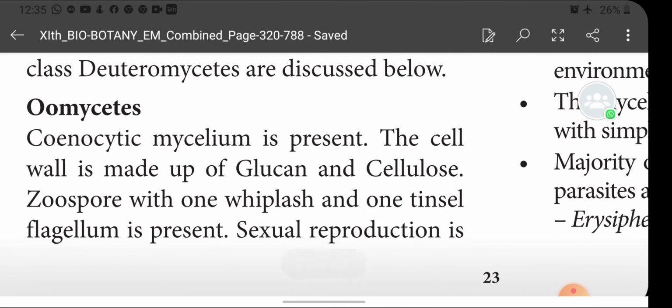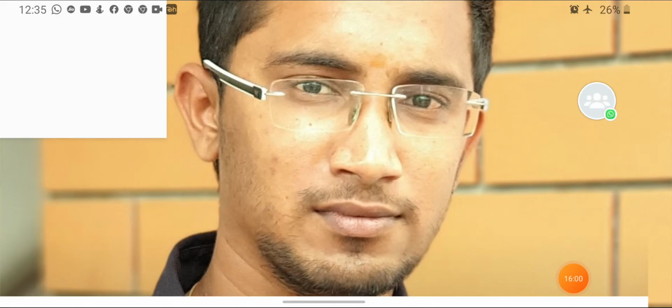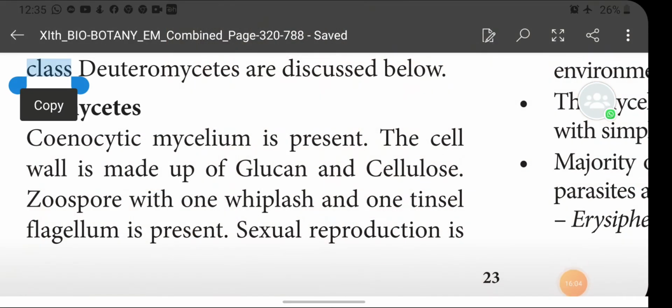Oomycetes: coenocytic mycelium is present. Mycelium, you know very well, is formed when hyphae are interwoven. The cell wall is made up of glucan and cellulose. The zoospore is the asexual spore, with one whiplash and one tinsel flagellum.